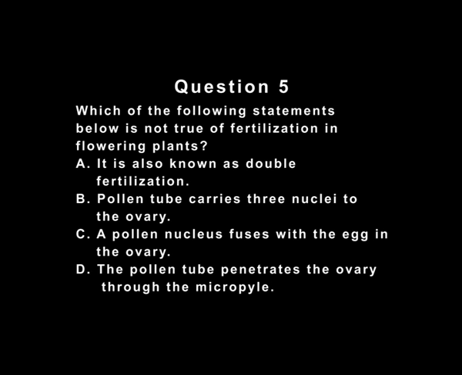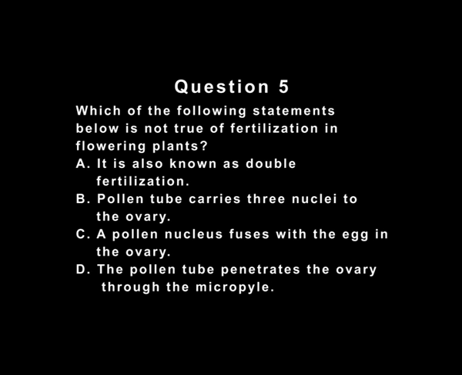A, it is also known as double fertilization. B, pollen tube carries 3 nuclei to the ovary. C, a male nucleus fuses with the egg in the ovary. D, the pollen tube penetrates the ovary through the micropyle.